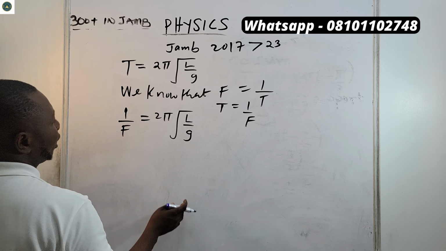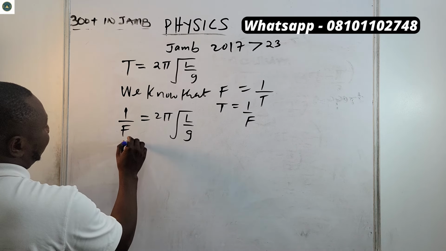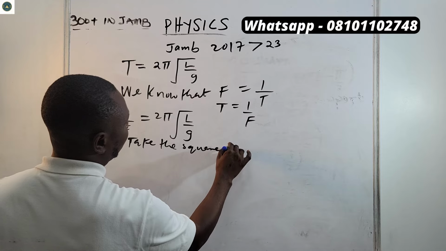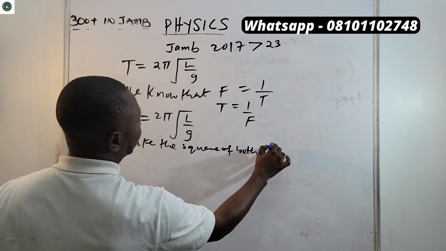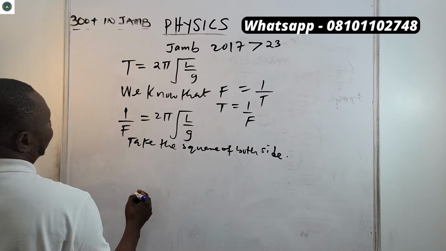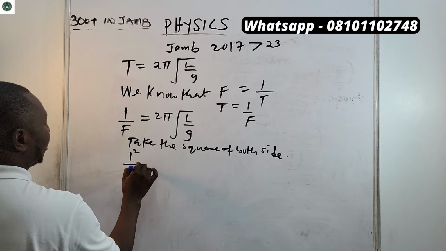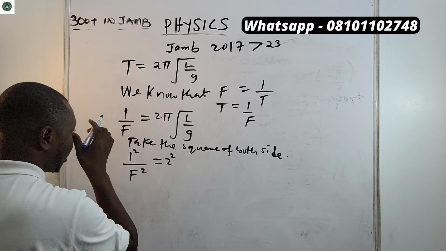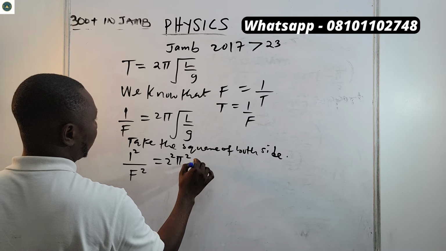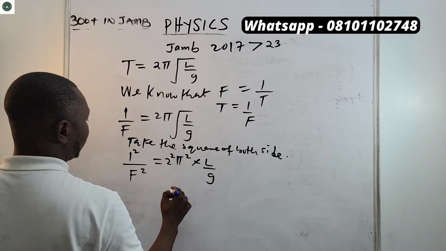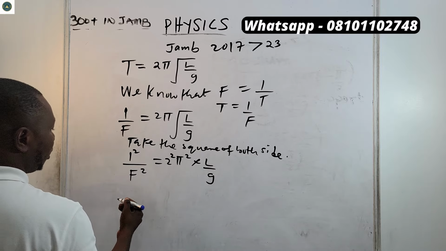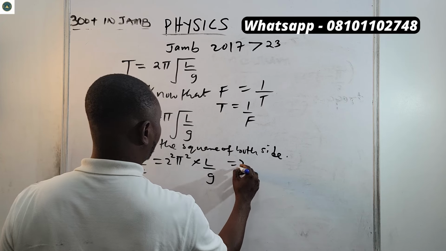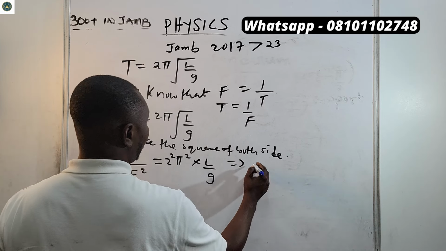We can take the square of both sides. If we take the square of both sides, we have 1 squared over F squared equals 2 squared pi squared times L over G. It implies that 1 squared is 1.